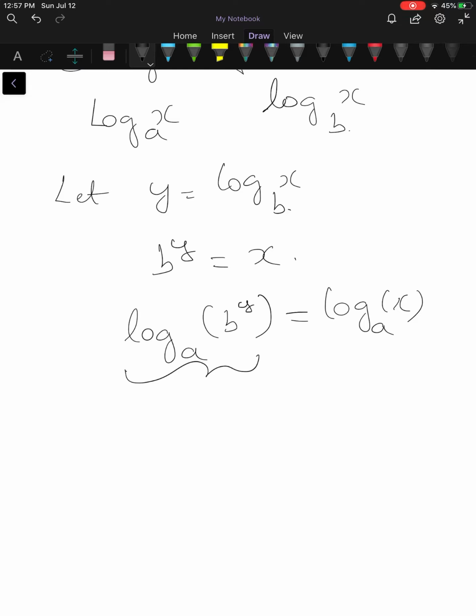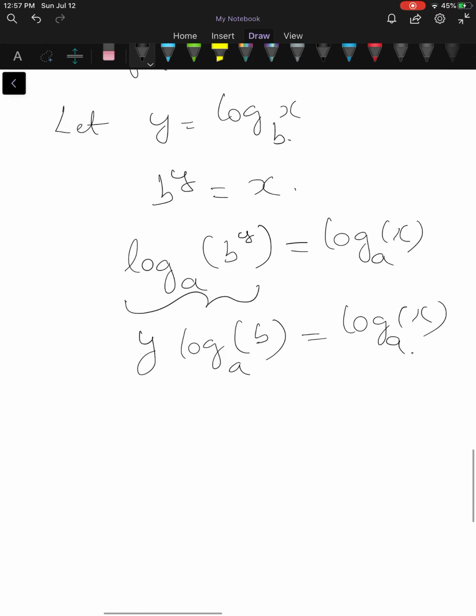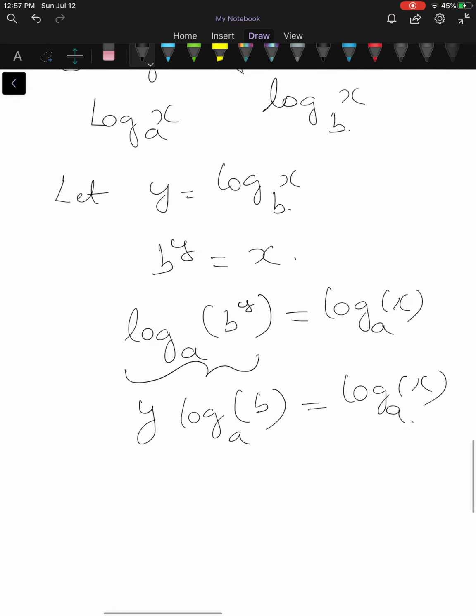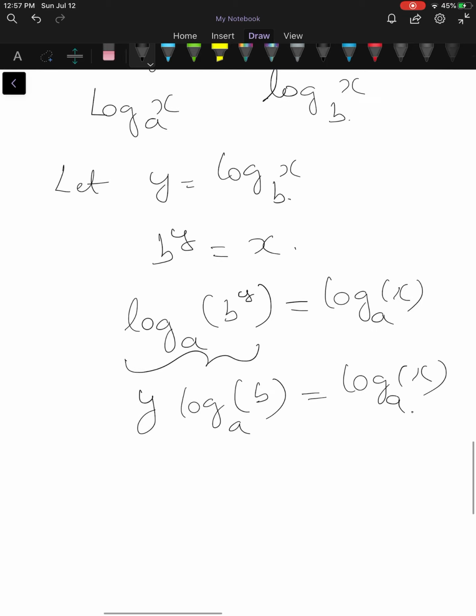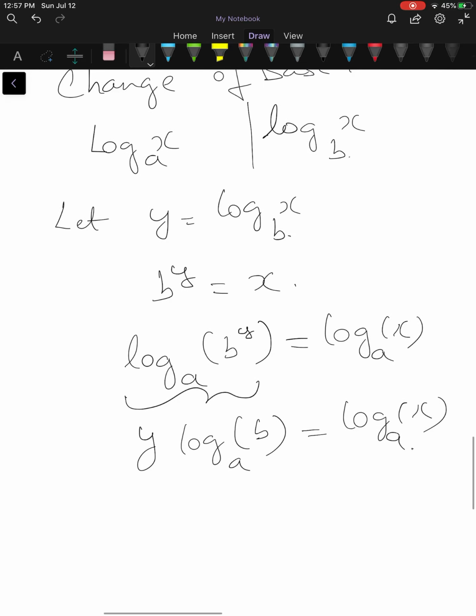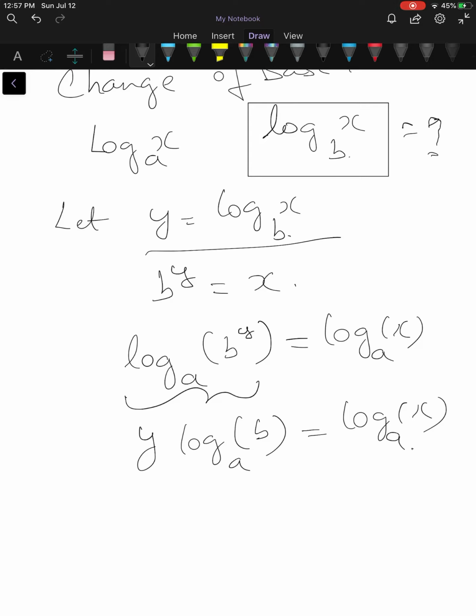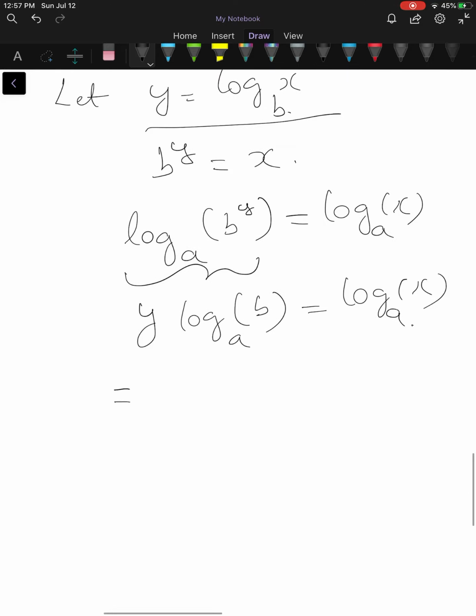Okay, so now simplifying this LHS, expanding using the laws, we get this to be equal to y times log of b to base a, and this will be equal to log of x to base a. So now what were we about to find? We have to find this, correct?